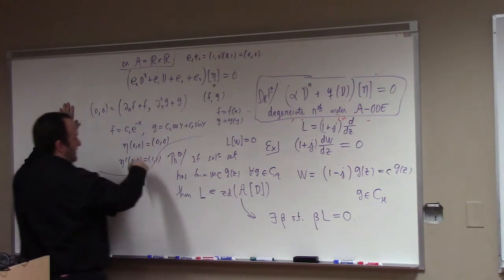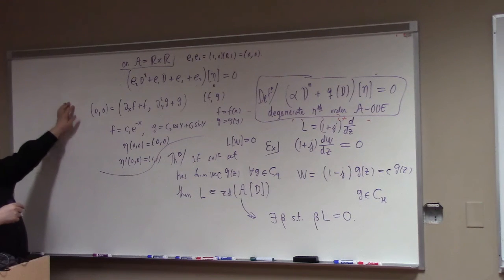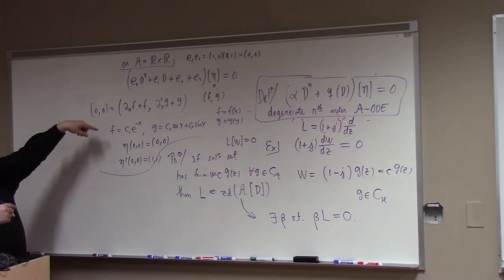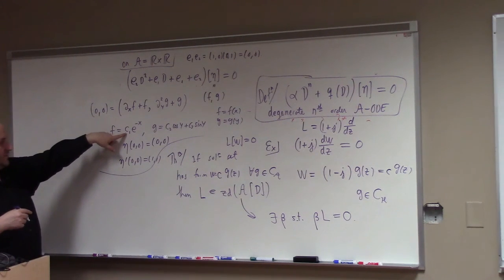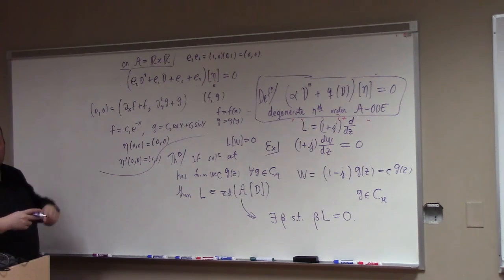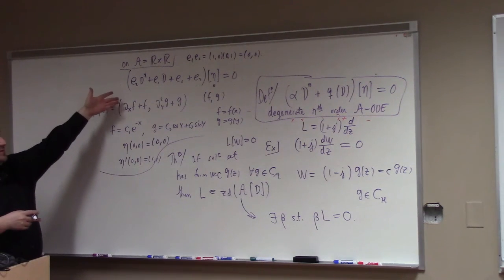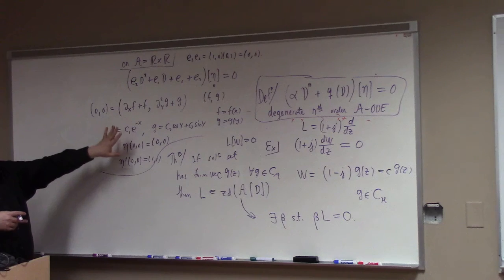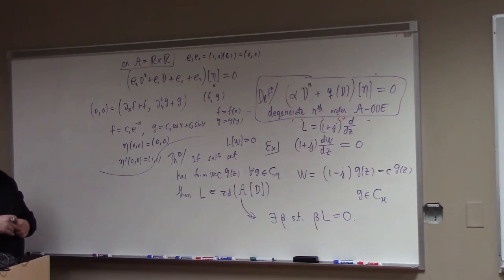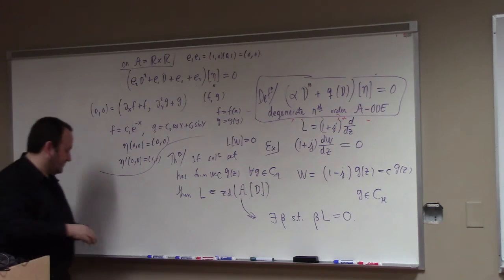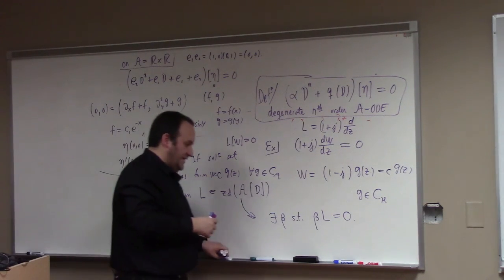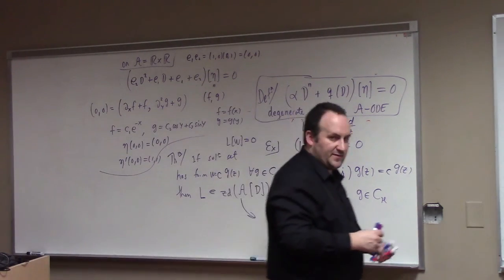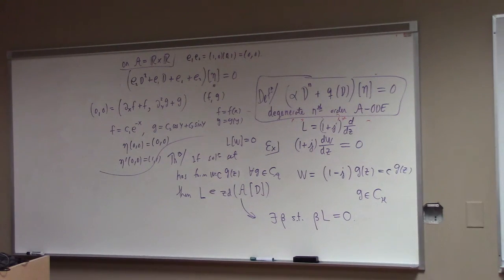It's impossible to fit this set of initial data for this second order differential equation. You can't have that being both 0 and 1, which is what you'd need. So this is an example of a degenerate ODE which does not permit a solution to an initial value problem. Those are the two phenomena that happen for degenerate ODEs, and that's why they're degenerate.